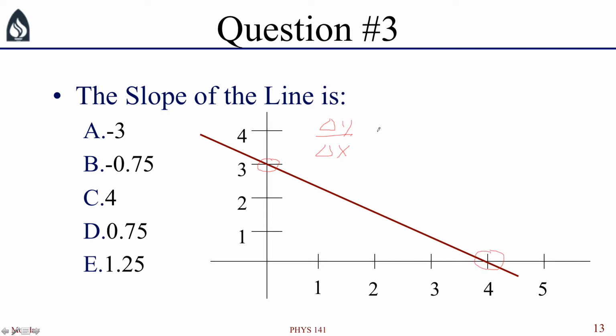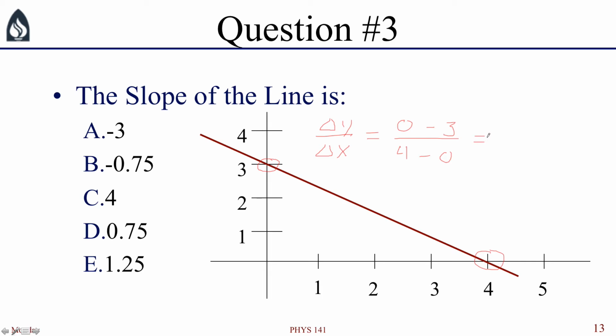So if I use those as my 2 points, then the change in y will be this final point, which has a y value of 0, minus the y value of my initial point, which is 3. And then the change in x, well, my final point is at x equals 4, and the initial point was at x equals 0.